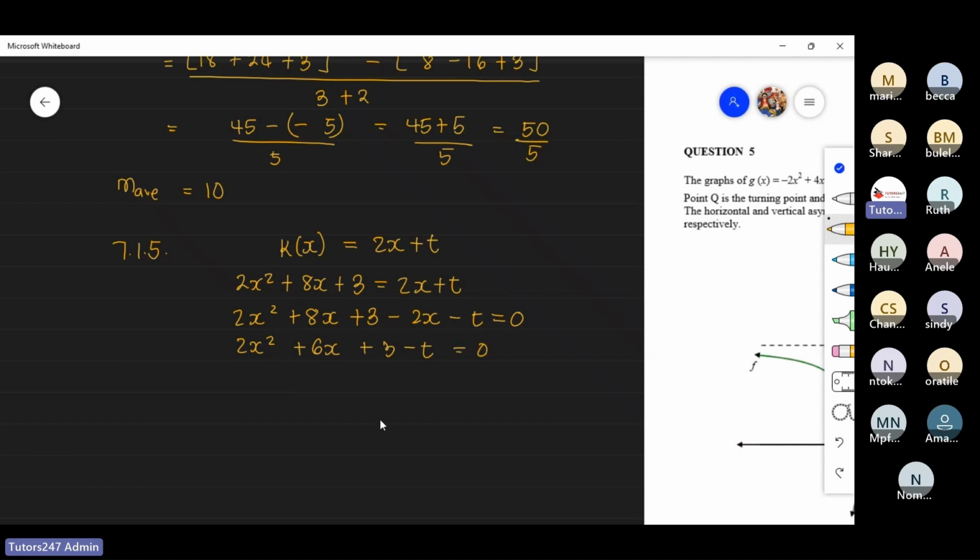Now keep in mind our value of a is 2, our value of b is 6, and our value of c is positive 3 minus t. That's the constant. Okay, now remember what I previously said. In order for our functions to touch once, the discriminant needs to be equal to 0.